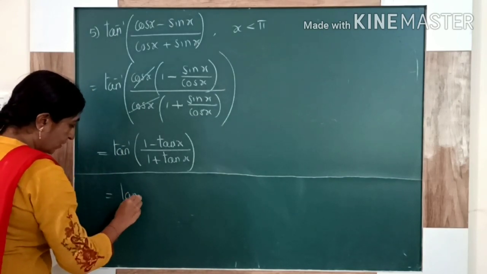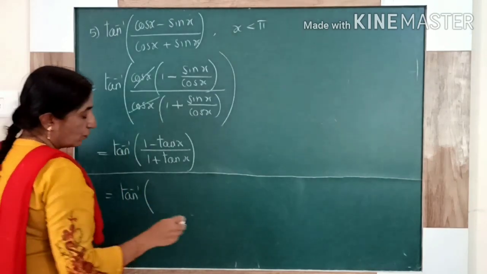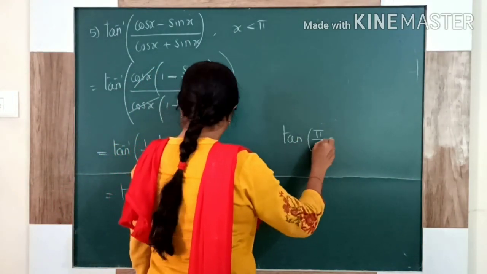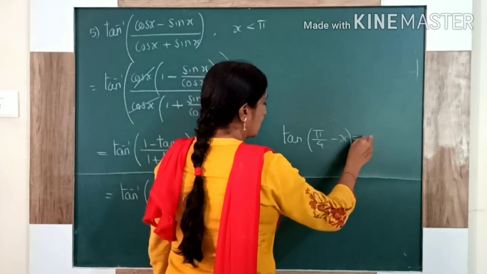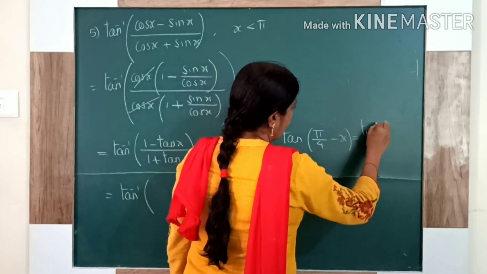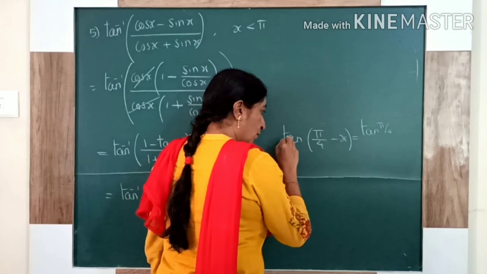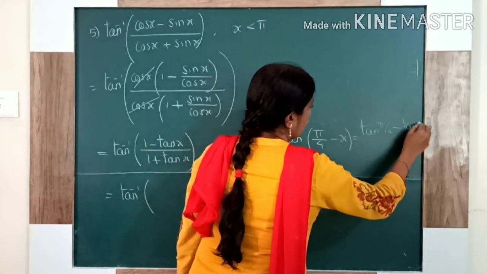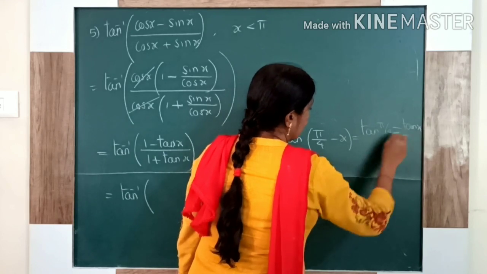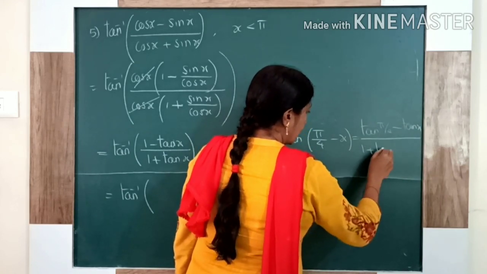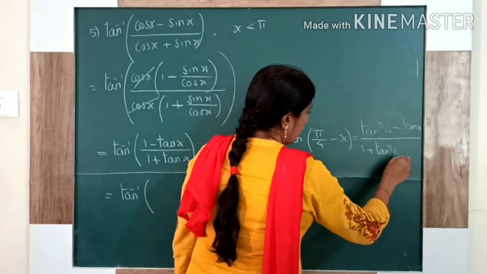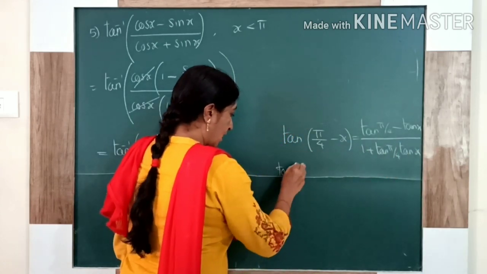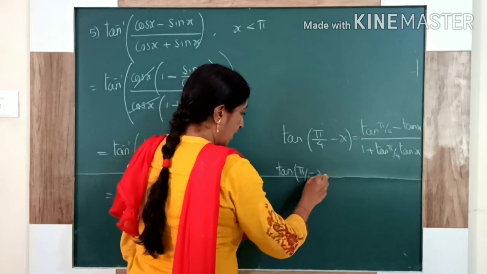This is tan inverse of tan. I don't know whether you remembered, but anyhow I am explaining once again. Tan pi by 4 minus x. This is the formula, tan A minus B in the form of tan A minus tan B upon 1 plus tan A tan B, with tan pi by 4 into tan x. So tan pi by 4 minus x.